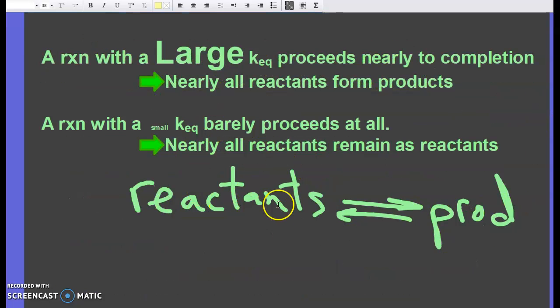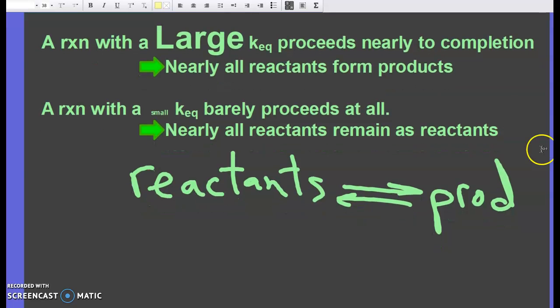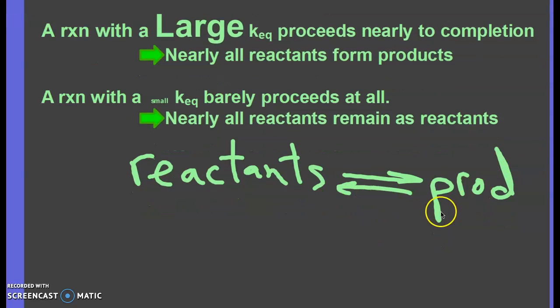So you can think about a chemical reaction as having reactants on the left of the yield sign, and then having your products to the right. Really, what we've been talking about all year long is having these reactants and they make the products.